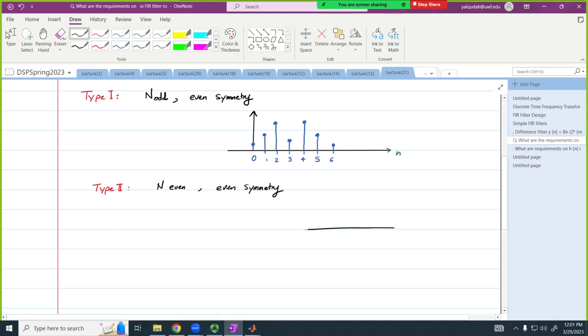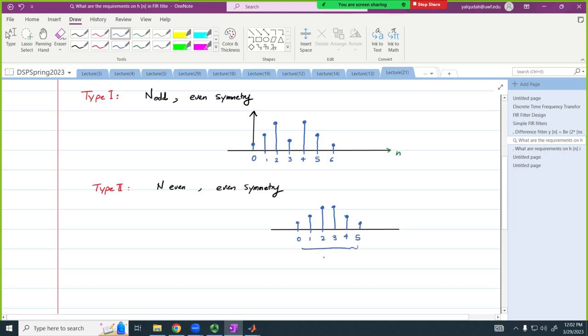So in this case, we might have 0, 1, 2, 3, 4, and 5.